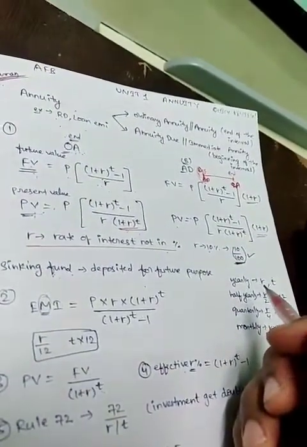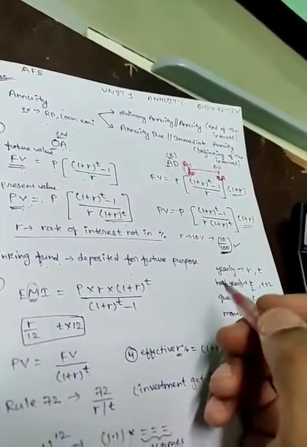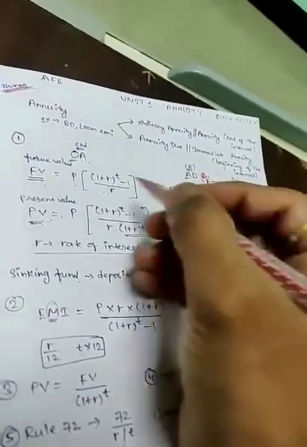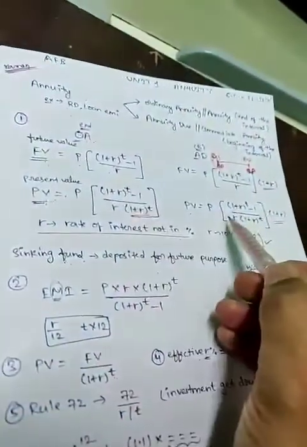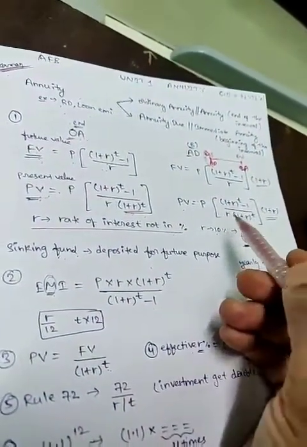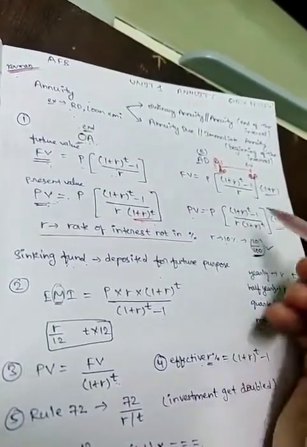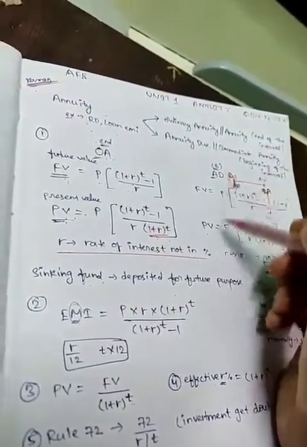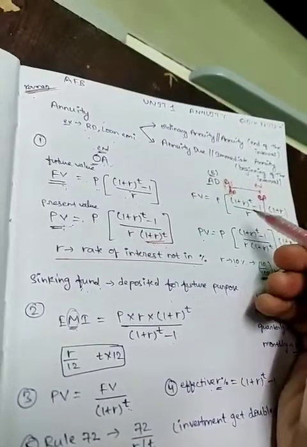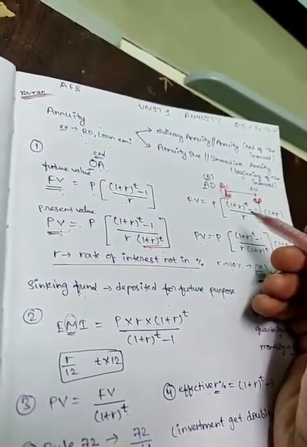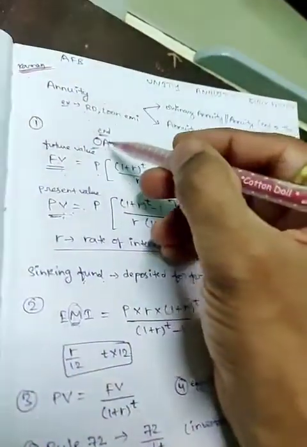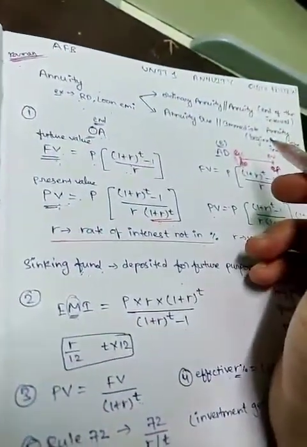For example, if the term present is there, we use the present value formulas. If the term beginning is there, we use the annuity due formulas. In the rest of the cases, mostly we use the ordinary annuity future value formula only.